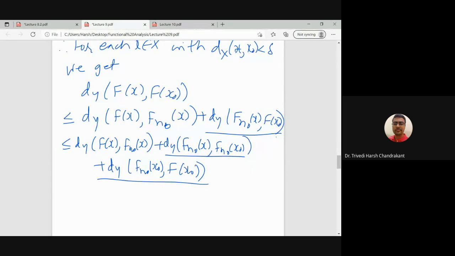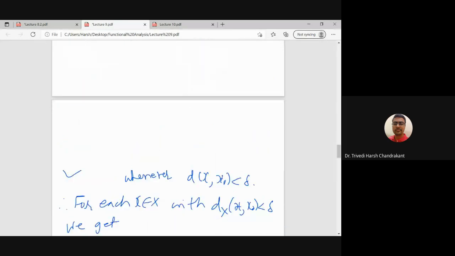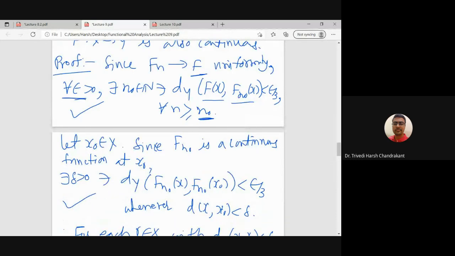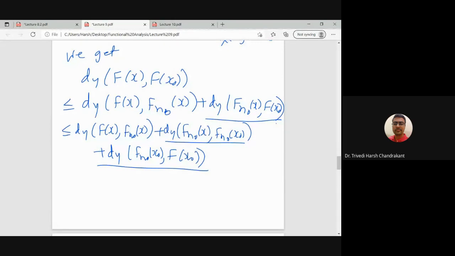So now we are done, because the first inequality gives that the distance of f(x) with f_n naught(x) is less than epsilon by 3 for every x, right? In particular for x naught also, this is less than epsilon by 3. And this is also less than epsilon by 3.